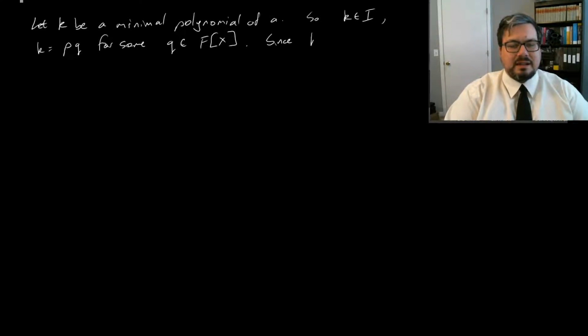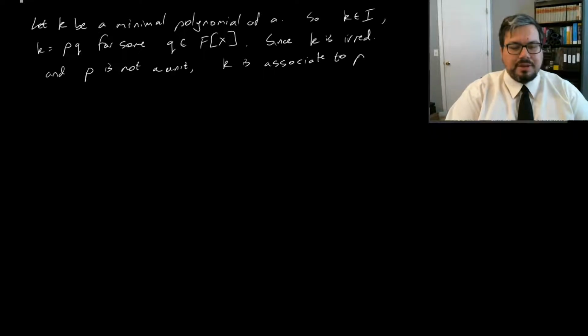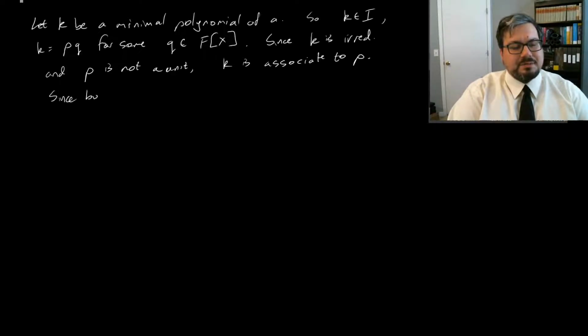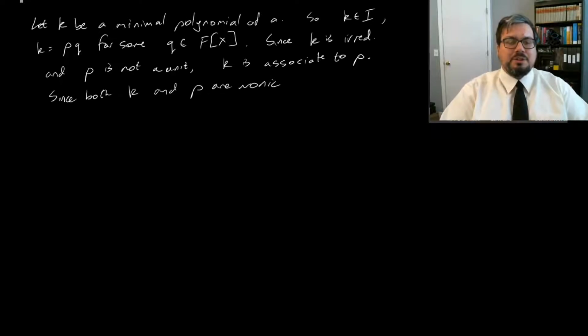Now, since K is irreducible and P is not a unit, we have that K is associate to P. So K is equal to some unit times P. But since both K and P are monic, they both have leading coefficient 1, which means that if K is equal to some unit times P, that unit must be 1.